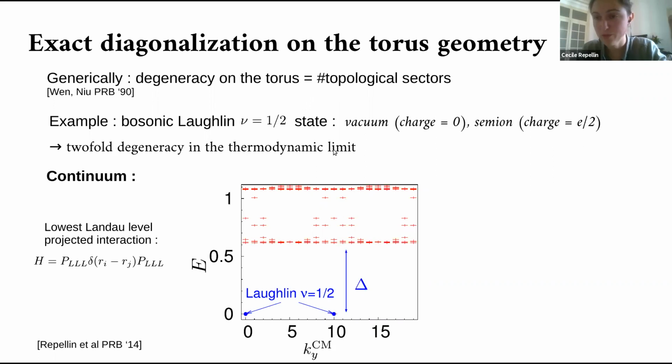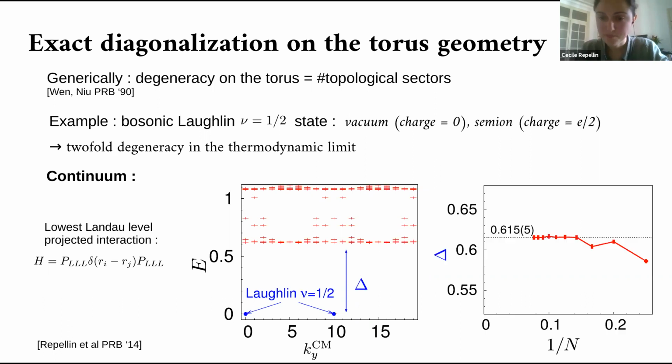We want to know how much this is representative of the fractional quantum Hall system in general. So we don't want to just see one size, we want to see a bunch of sizes and maybe see if we can extrapolate this quantity, the many-body gap, to the thermodynamic limit.